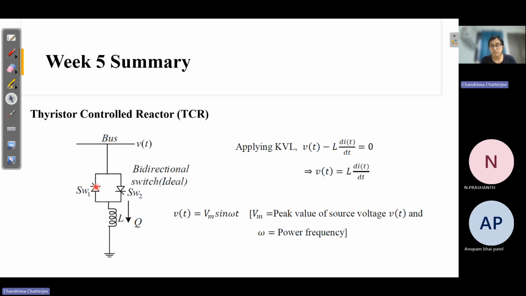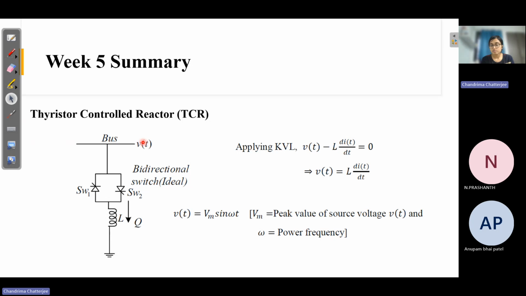Do you know what this device is called? Do you know what we call this and this? Thyristor, bidirectional. Yes, this is a thyristor, but there are many devices. These are basically semiconductor devices, right?